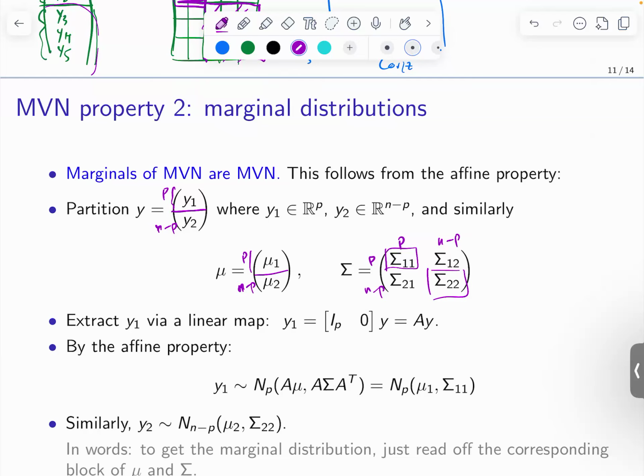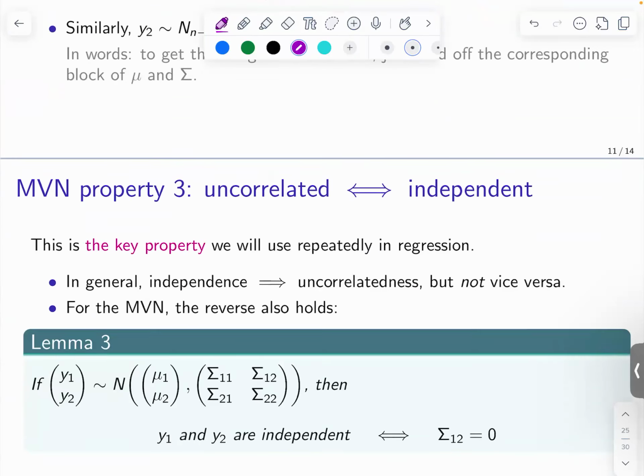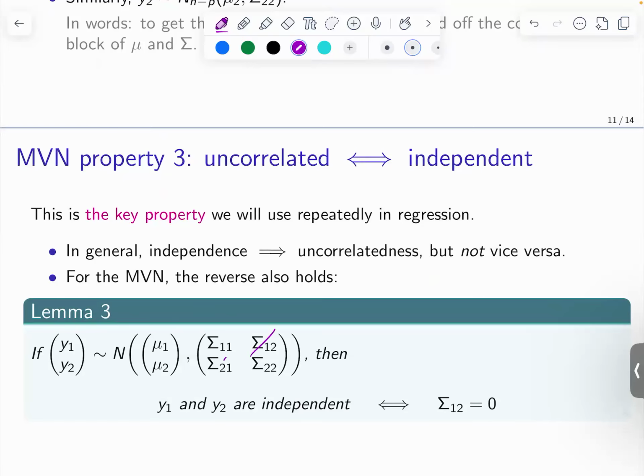This bottom part would be the covariance matrix of y2, and then the cross term would be the cross covariance. So basically all the covariances between elements of y1 and elements of y2. And so one interesting thing happens when this is 0. So when sigma 1,2, or sigma 2,1, its transpose, is 0, then it becomes block diagonal. Okay, so what happens when we have these two zeros?